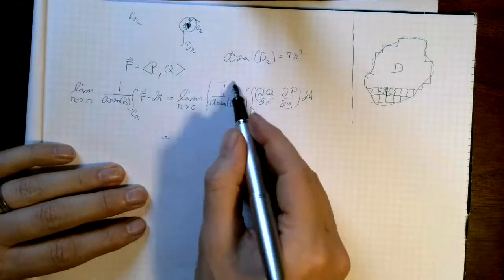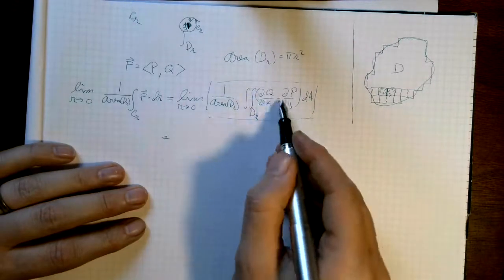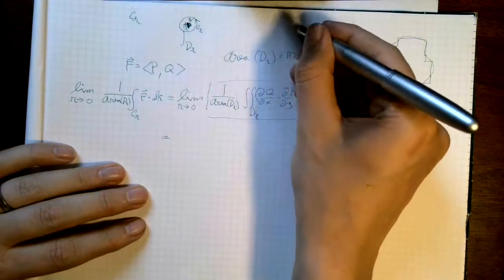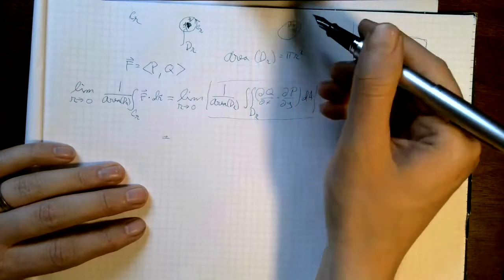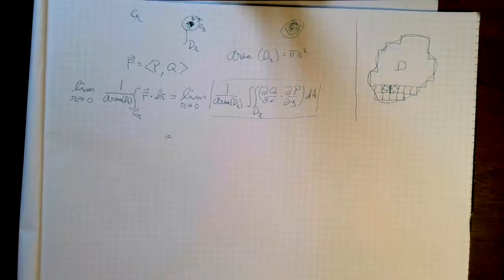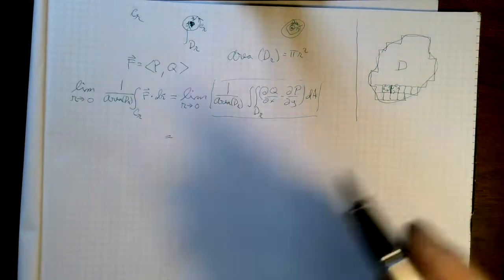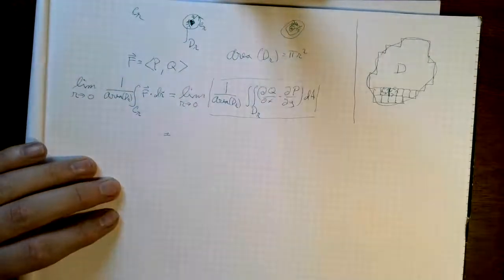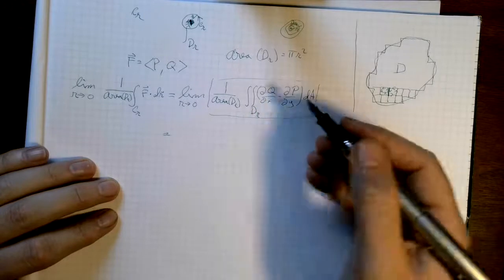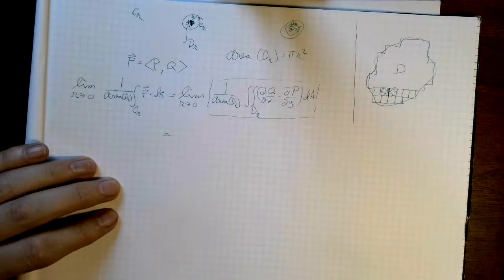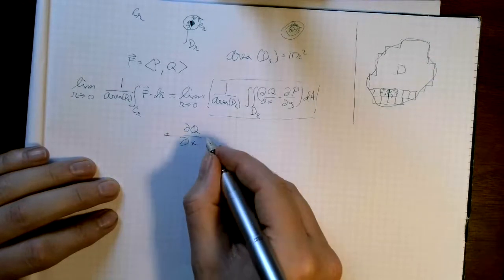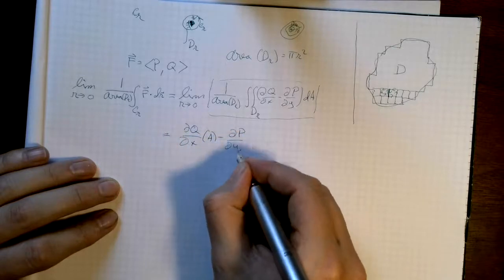This expression over here is just the average value of this thing over D_r. Now D_r is a smaller and smaller disk, so as r goes to 0, we're getting closer and closer to A. We're taking averages over smaller and smaller regions around A. And so the limit of these averages should really be the value of this at A. So therefore, this limit is just dQ/dx at A minus dP/dy at A.